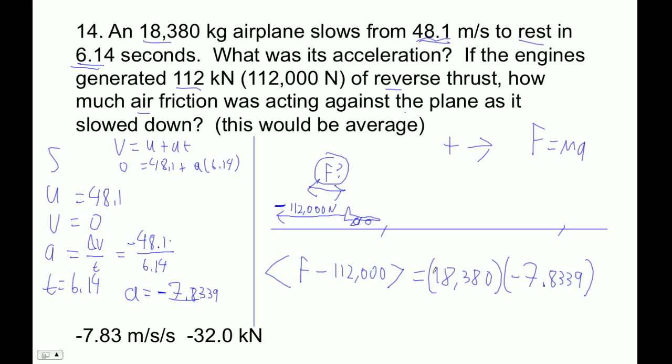Now we're all set. Let's go that times 18,380. So this side of the equation is like negative 143,986, right? And then I'm going to add this to both sides, right? So plus 112,000.